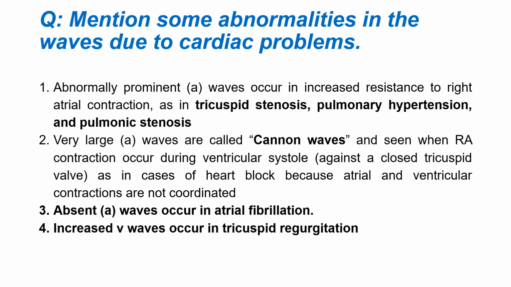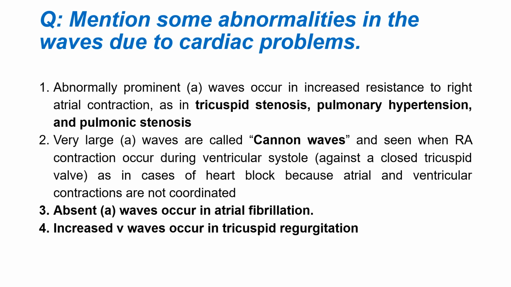There is also another related thing, which is called cannon wave. What is a cannon wave? Cannon waves are very large A waves, but they are not diastolic A waves. In this case, let us imagine that the atrium and ventricle both contract at the same time. For example, in some cases of heart block, the electrical stimulation of the atria is separate from the ventricle. Each one of them has a separate pacemaker, so atrium and ventricle both will contract at the same time.